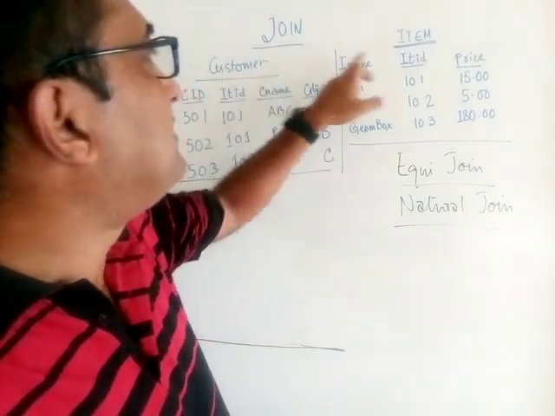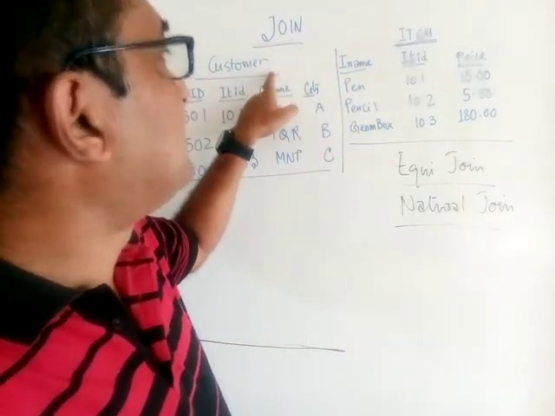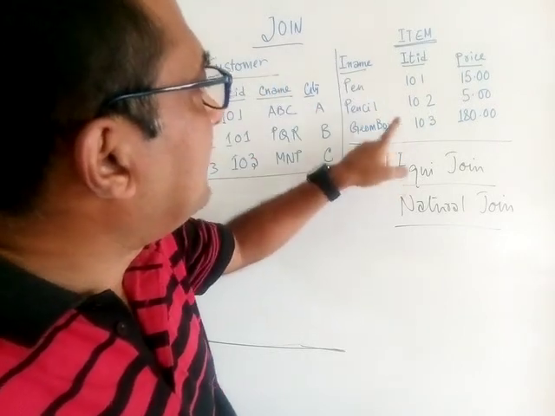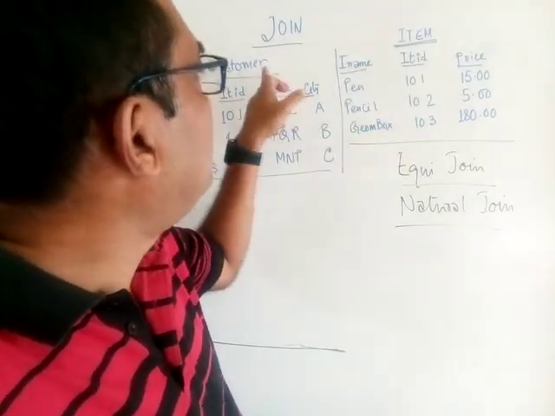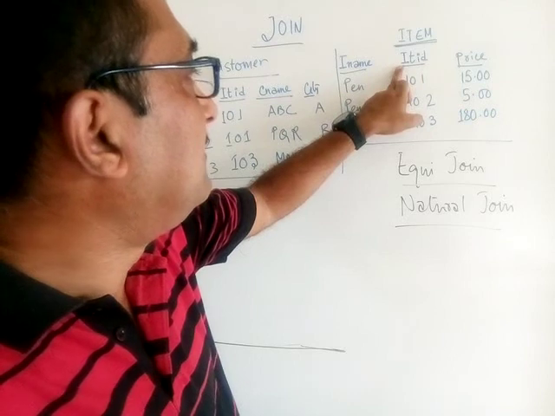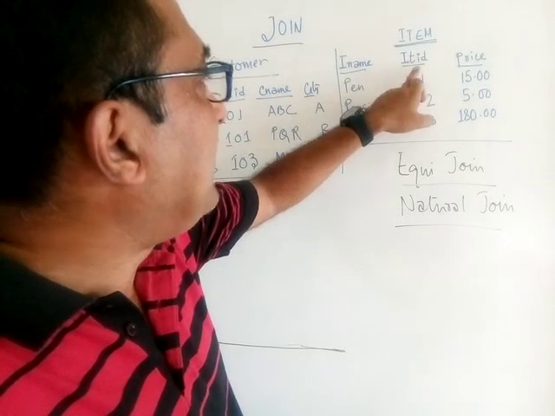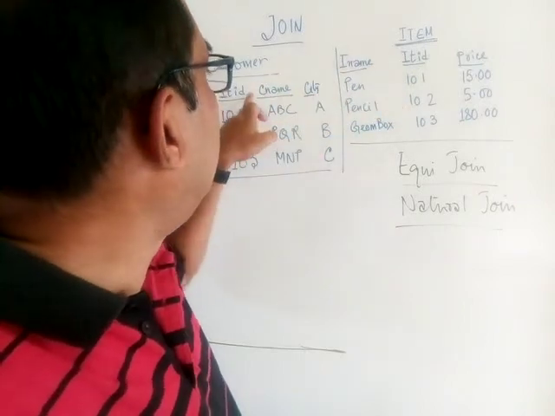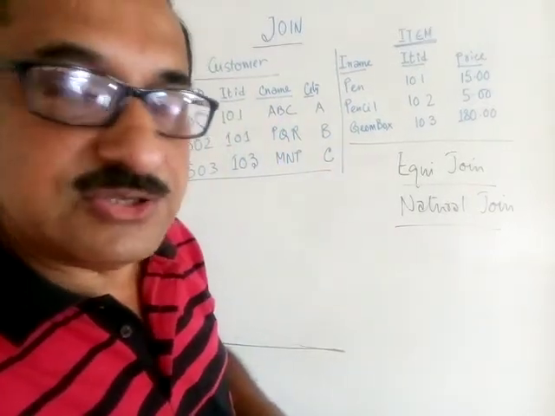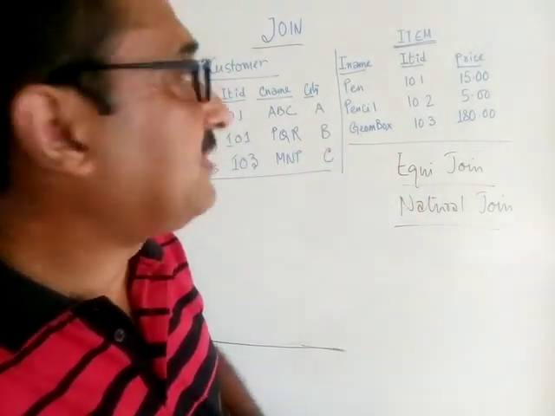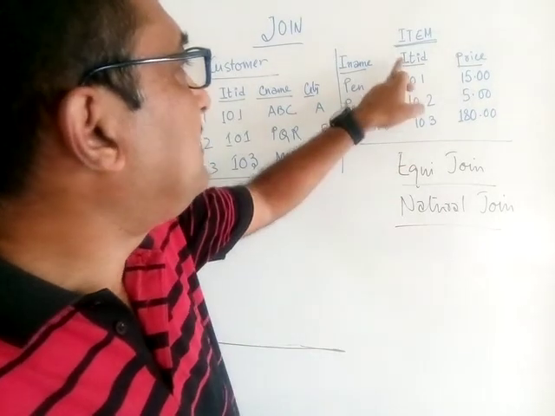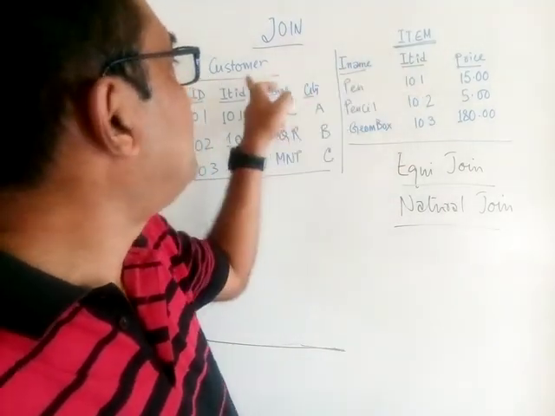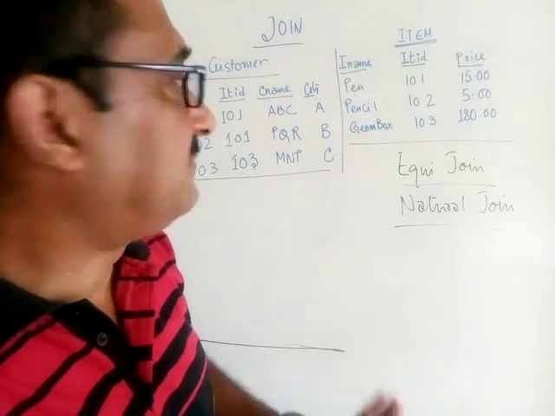Supposing there are two tables here, one is item, another is customer. You can make out here the connecting point between the two tables is IT-ID. Fine. The column name I purposely wrote similar, but it could be different also in case of equi-join. In equi-join, these two names could be different also, that we have seen.